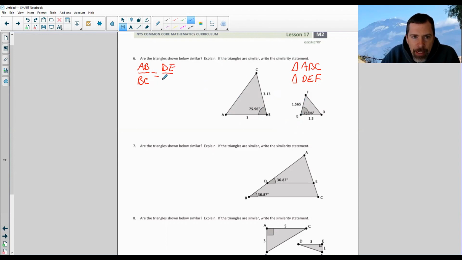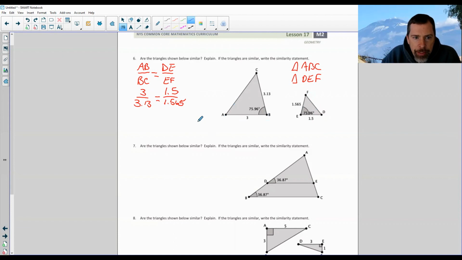BC is the same as EF. And then I substituted my values. AB is 3. BC is 3.13. And they have to equal the proportion between these sides. And DE is 1.5. And EF is 1.565.